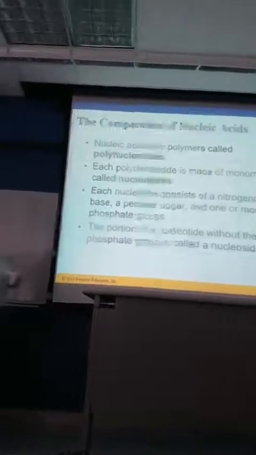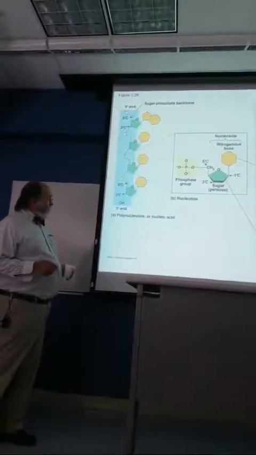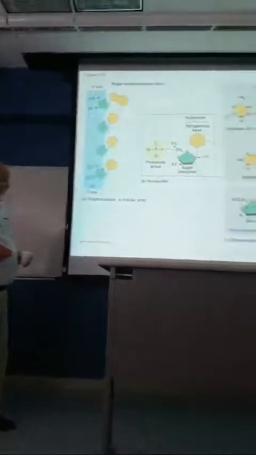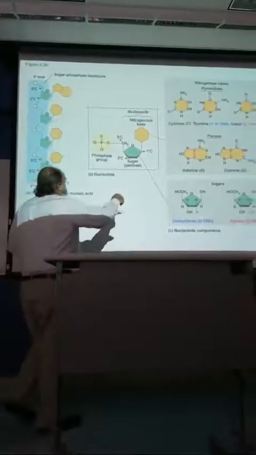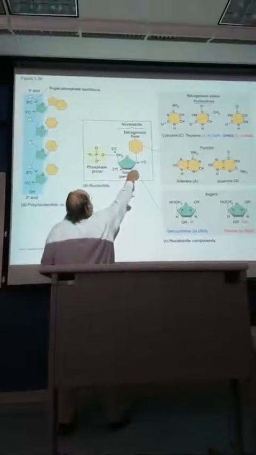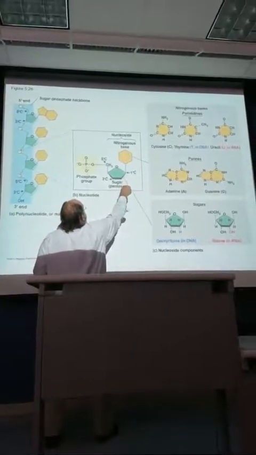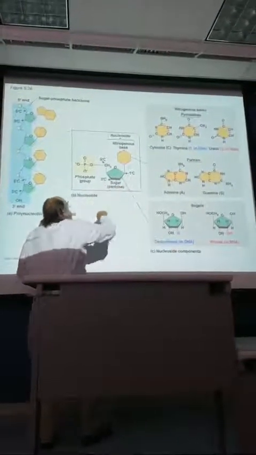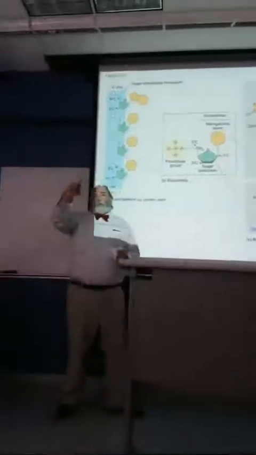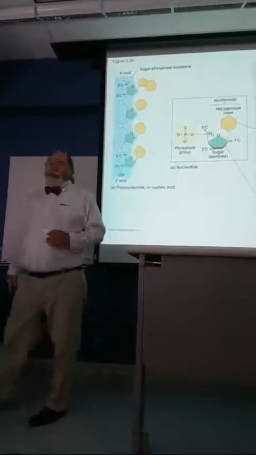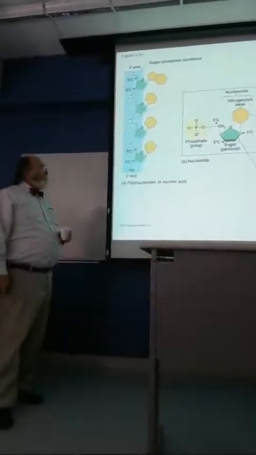Know what a nucleotide is, and this is the basic one I said you should be able to draw. You're going to have a base, an adenine for example, just say nitrogen base, a sugar, and a phosphate. And you can draw those as just little square boxes. You don't have to try to draw those shapes.